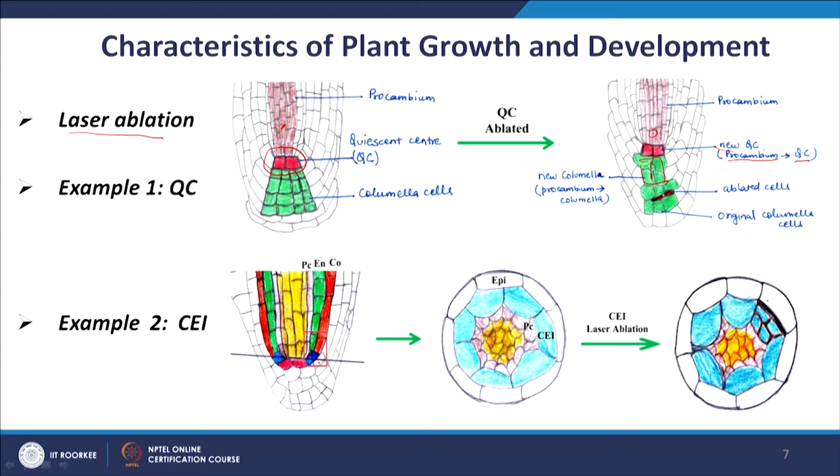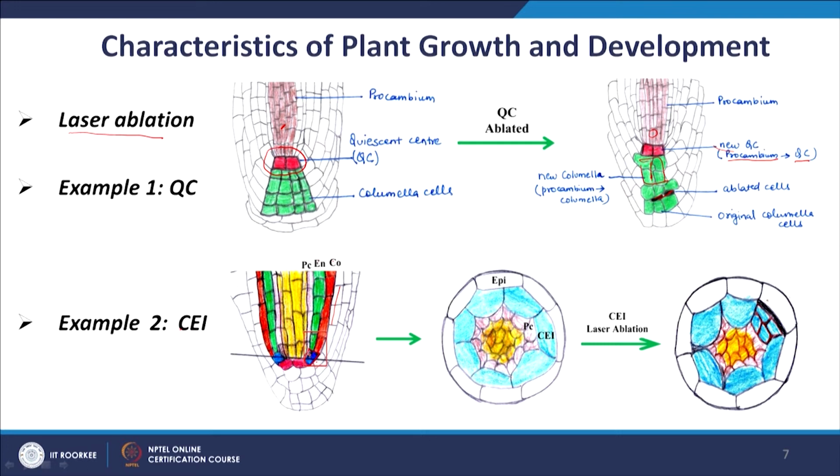Particularly here, this initial cell will give rise to this cell layer. But there is one cell here, which is an initial cell because it is in direct contact with the QC, and this cell eventually gives rise to two layers. The layer of cortex and the layer of endodermis originate from a single initial, called the cortex endodermis initial. So, what happens?